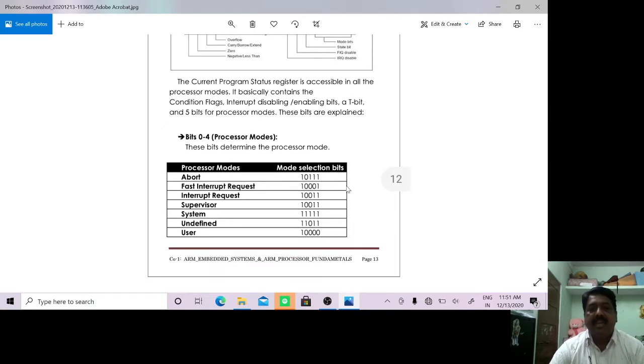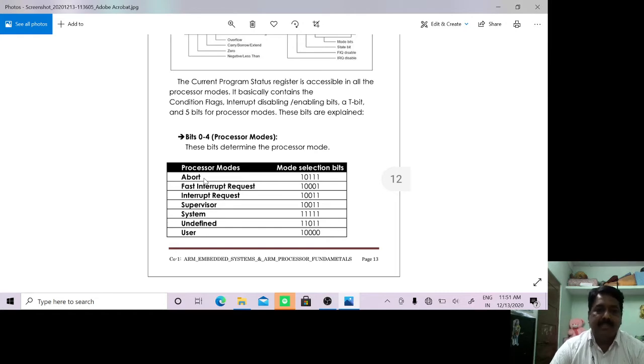As you can see, the 5 bits M0 to M4 represent different modes. As you can see here, 1, 0, 1, 1, 1. If M0 to M4 are of this combination, then the mode in which the processor is working is abort mode. We know there are two abort modes, which are data abort mode and instruction abort, otherwise called prefetch abort mode.